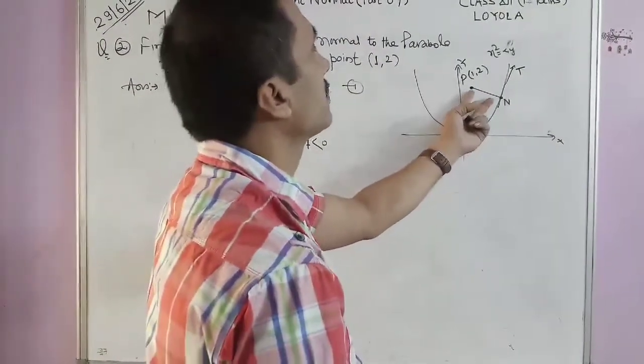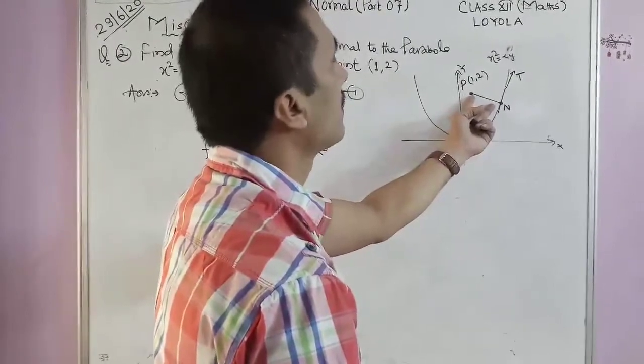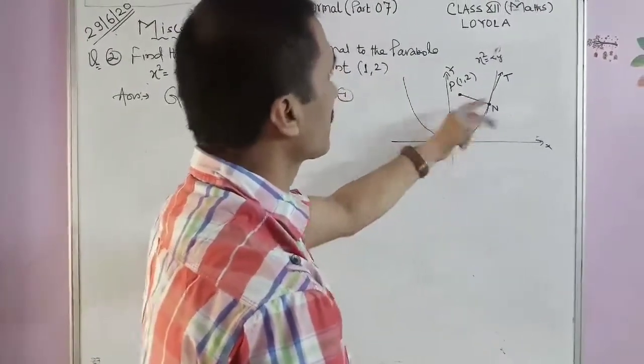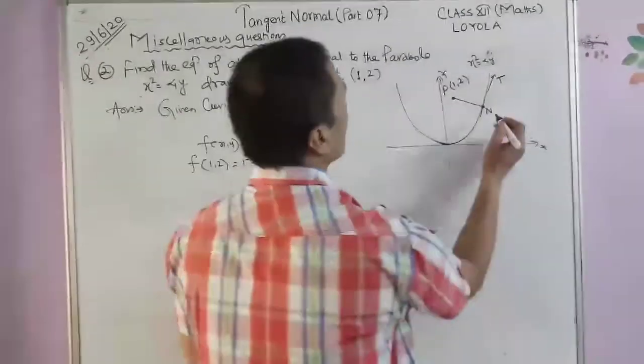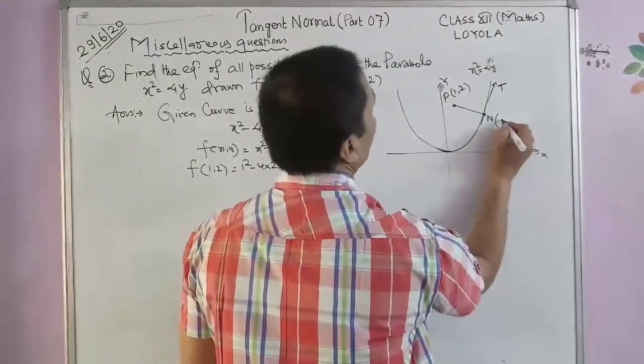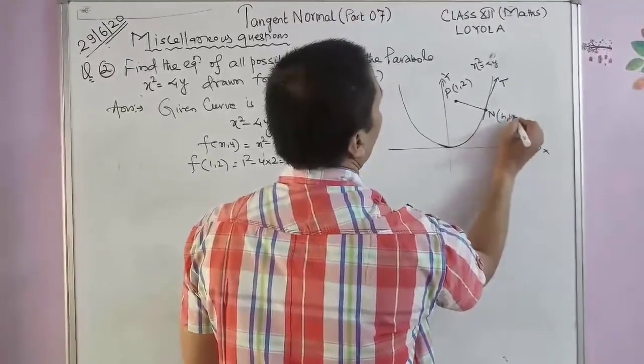We have to find the equation of this PN. Here N is the foot of perpendicular. Assuming the foot of perpendicular be (h, k).